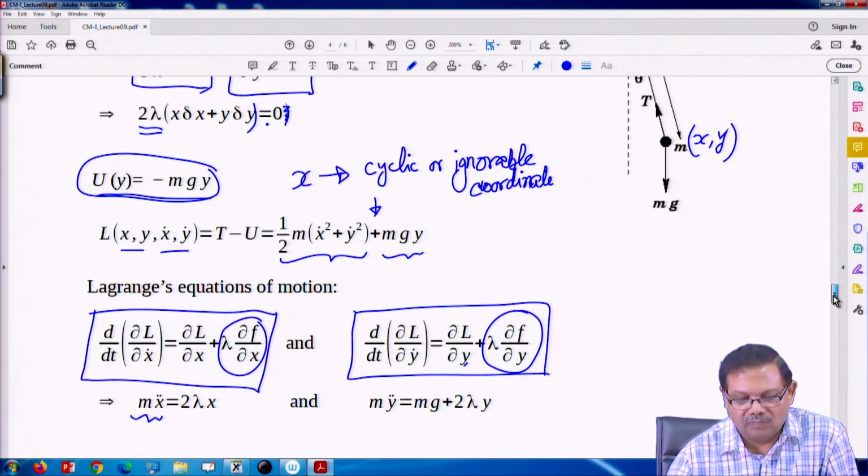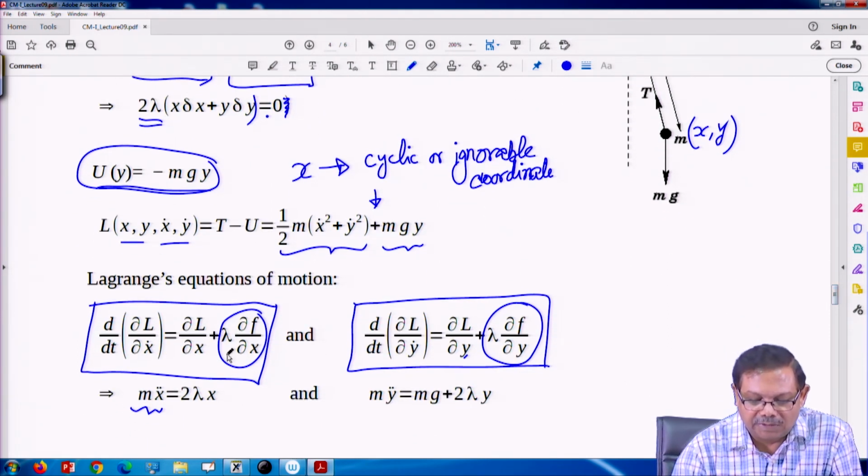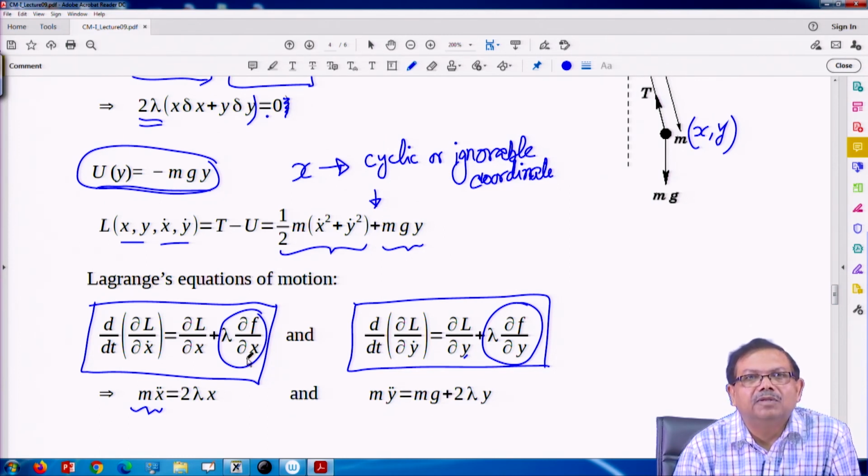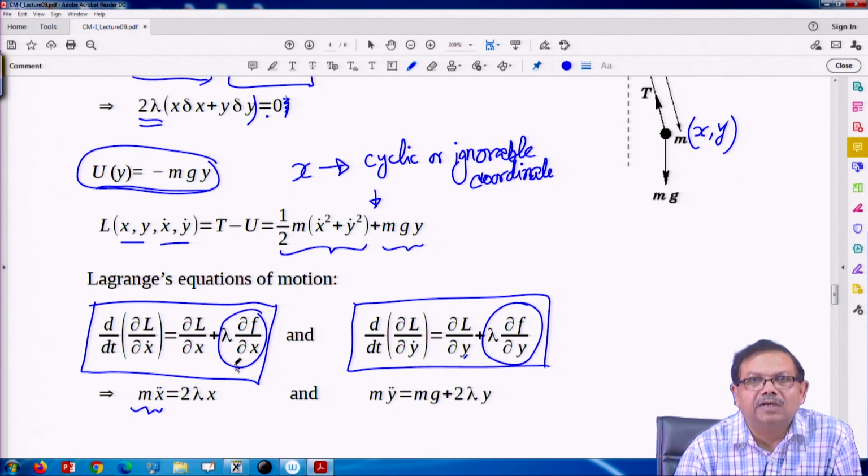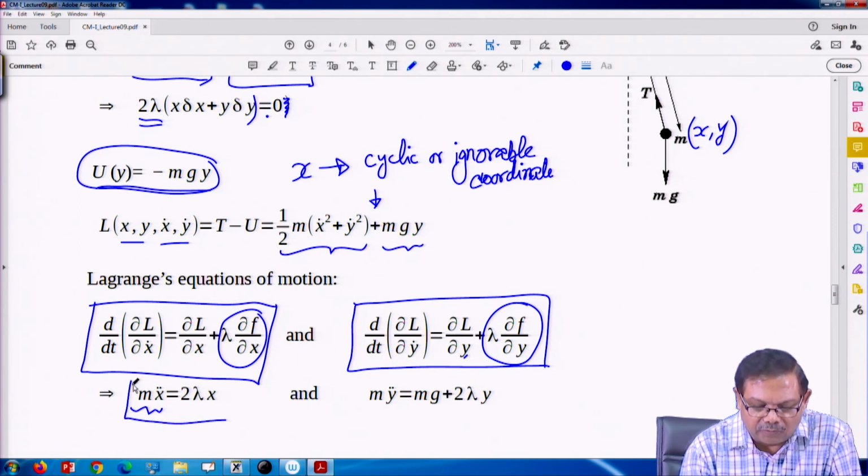In this case, there is a constraint. If there was no constraint, then that would have been constant, but the constraint is a force. So, there is still a force, and we have to see what we get.